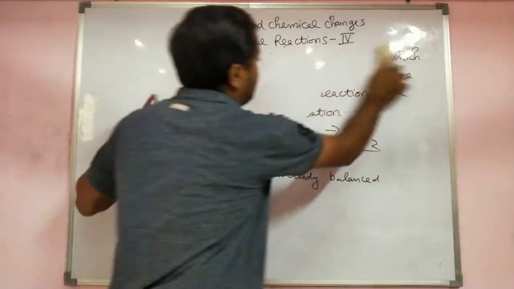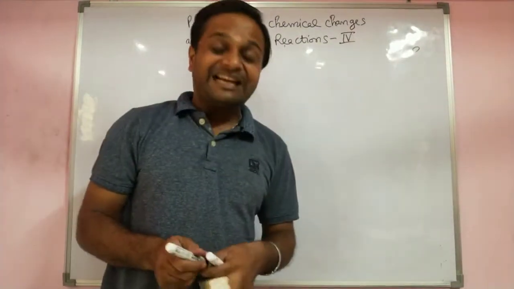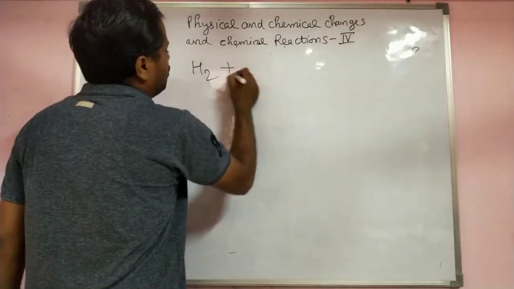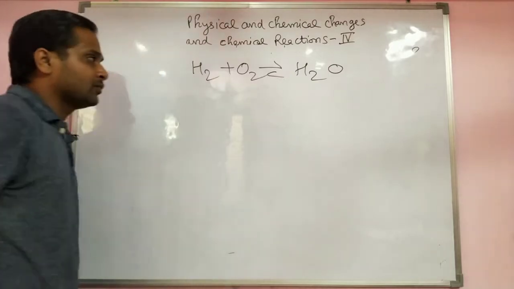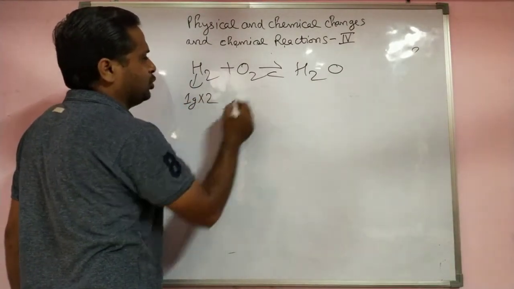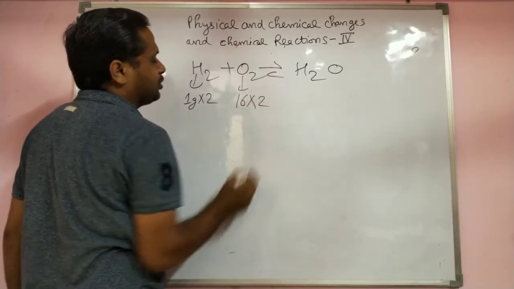If you want to see what is the reason behind balancing, for example, H2 plus O2 gives H2O. If you count the mass here, 1 gram into 2, and here oxygen mass is 16 gram into 2.